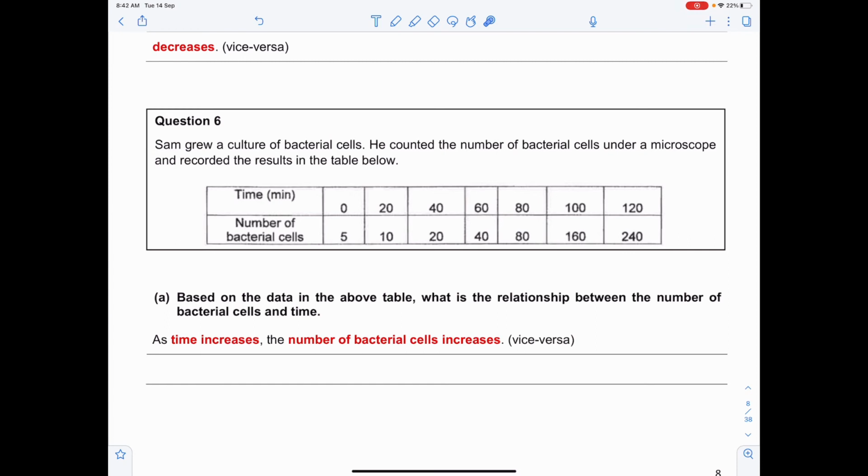So remember, I can use this. Looking at it, what can I predict? If I take a look, as the temperature increases, I notice that the time taken actually decreases. So basically, my change variable is different temperature.